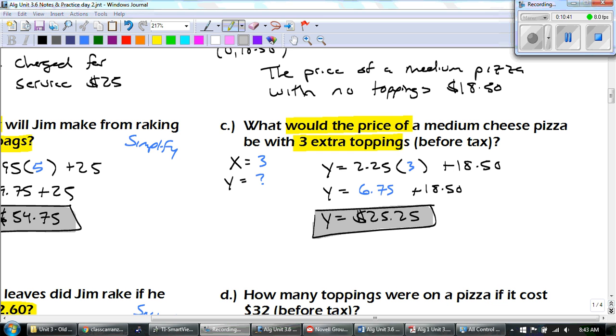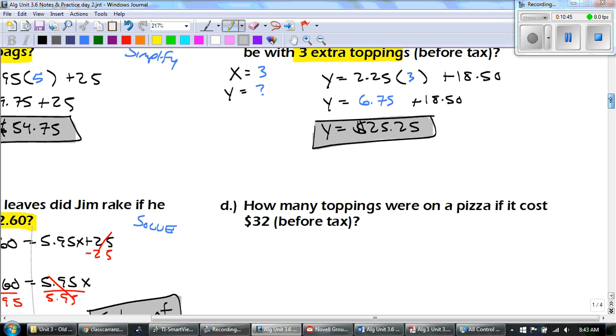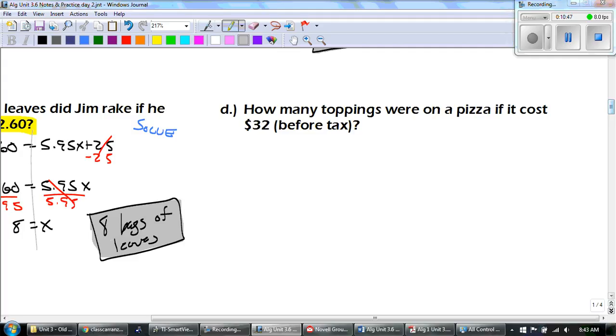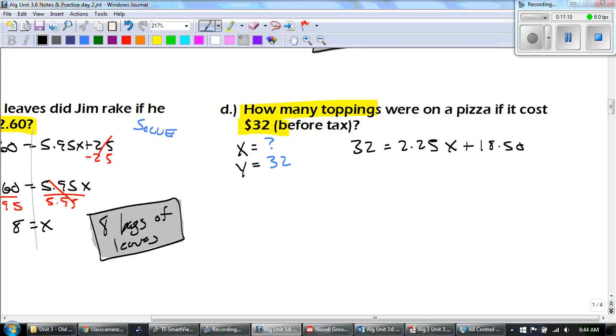Okay, and we get that y equals $25.25. Right. How many toppings will it be if it costs $32? Once again, I do not know the toppings this time, but I do know that it's going to be 32. So 32 equals 2.25x plus 18.50. That's right, guys, we have to solve. So you're going to solve this on your own.